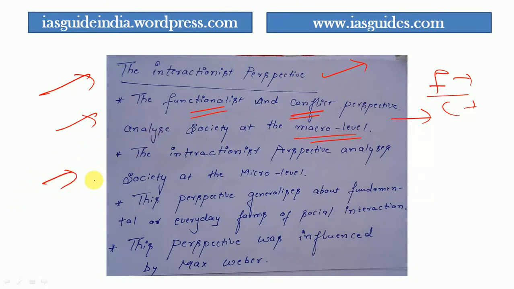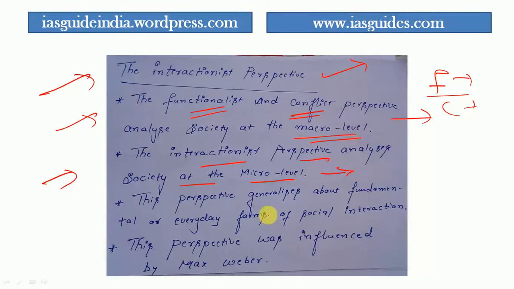These approaches attempt to explain society-wide patterns of behavior. I'll repeat, the interaction perspective approach attempts to explain society-wide patterns of behavior, and it analyzes society at the micro level, as said earlier.